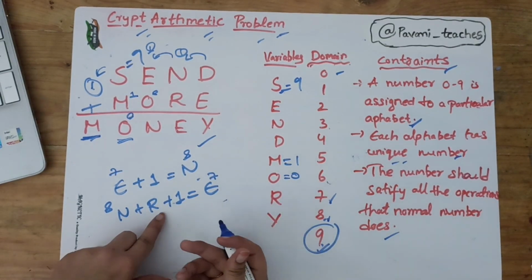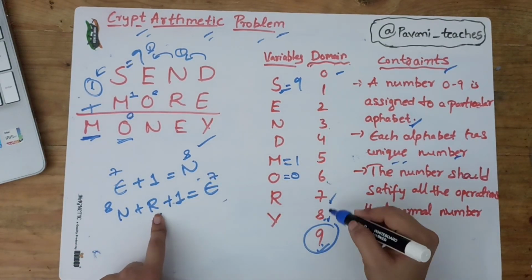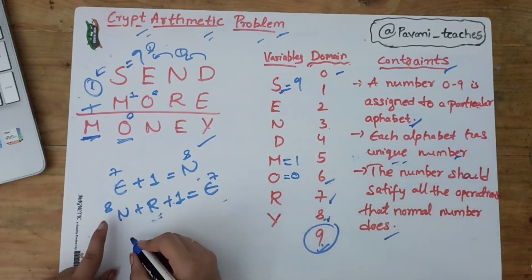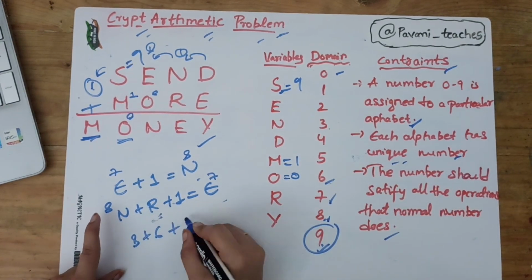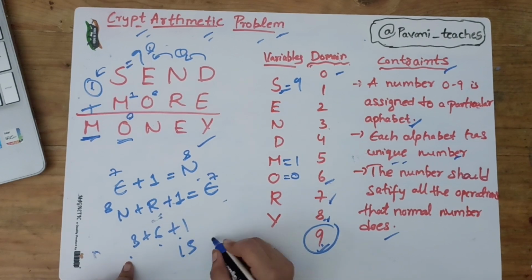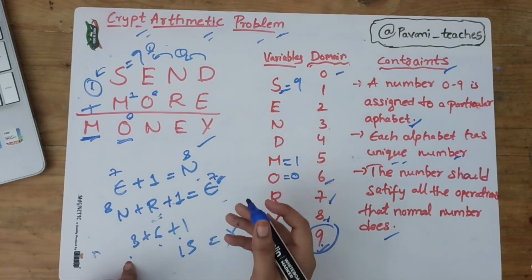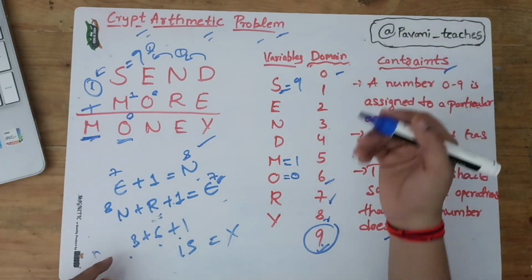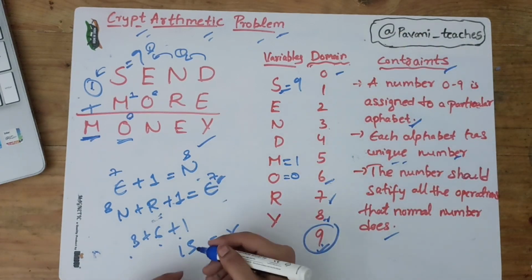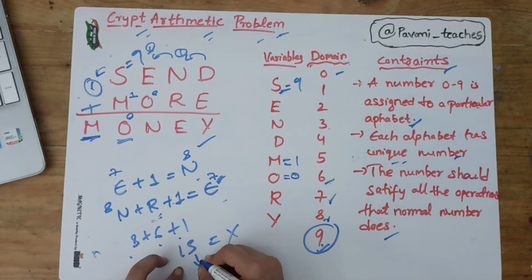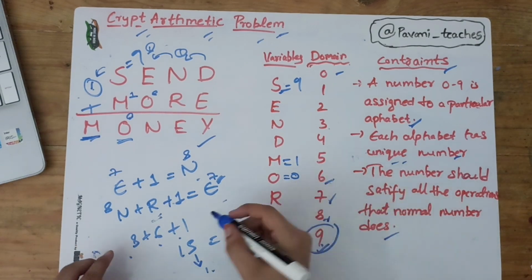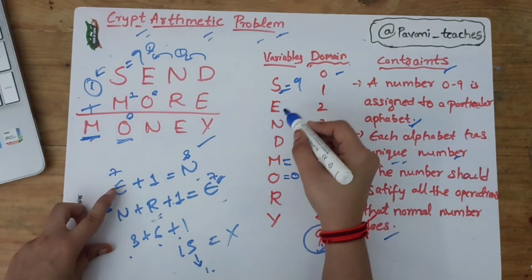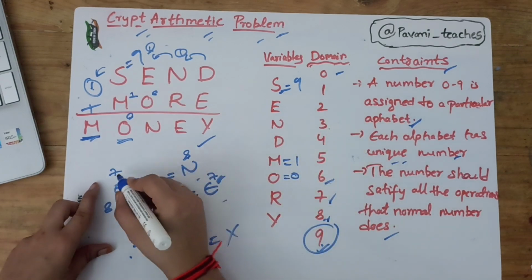Now again I will take a value of R. As 7, 8 and 9 are already taken, now we have to take 6. 8 plus 6 plus 1 is equal to 15, which is not equal to 7. You can't equate it to 7. As the numbers are lesser than 6, the sum of all these numbers will come lesser than 16. So the values of 7 and 8, that is the values of E and N, are not correct.